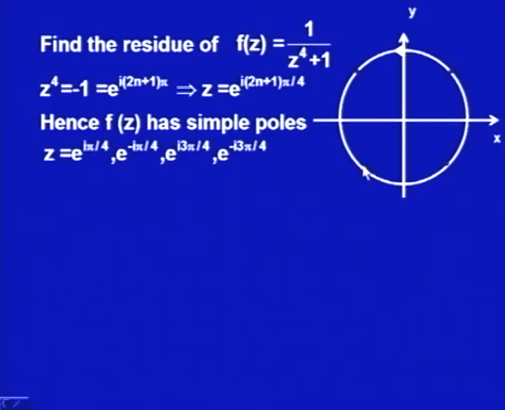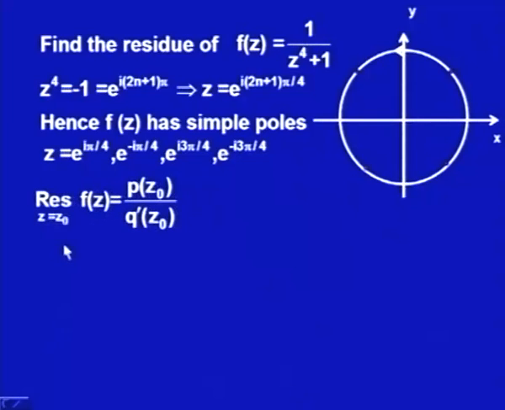From here we see that we get only 2 poles in the upper half plane. When we use this Cauchy principal value formula, we want the residue only at these 2 poles, e to the power i pi by 4 and e to the power i 3 pi by 4.